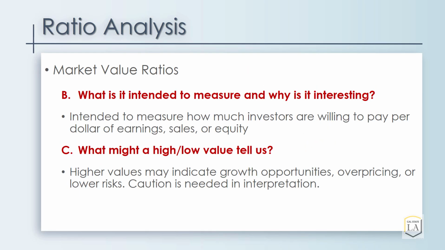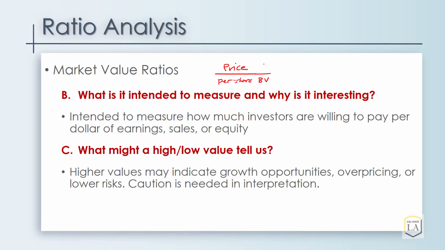So with this market value ratio, what are we trying to measure? We're trying to measure how much investors are willing to pay per dollar of earnings, sales, or equity. As you saw before in the formula slide, it took price as the numerator, and the denominator was per share some book value amount, like earnings, for example, or sales, or maybe equity. Let me just put it as book value.